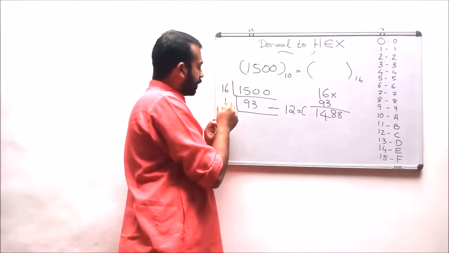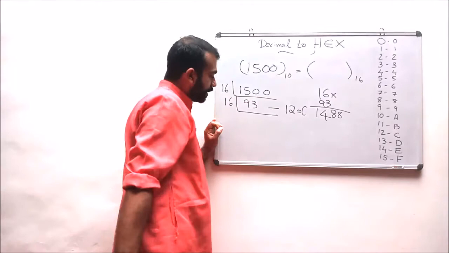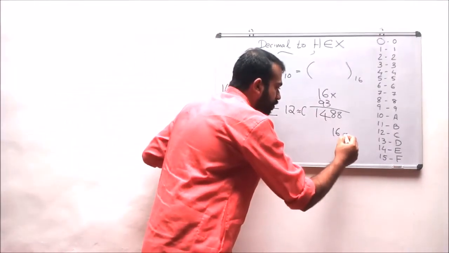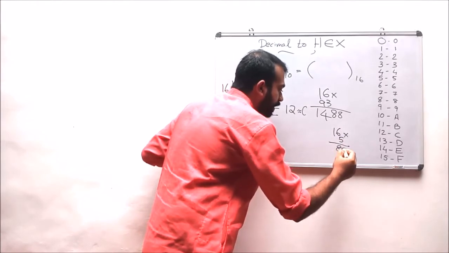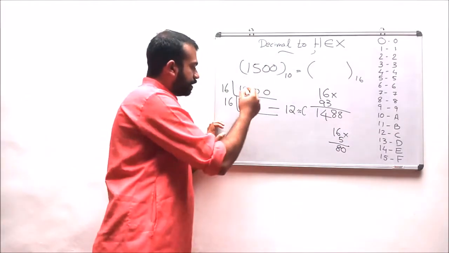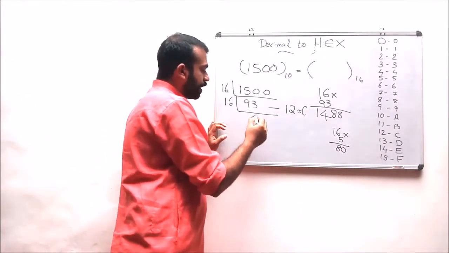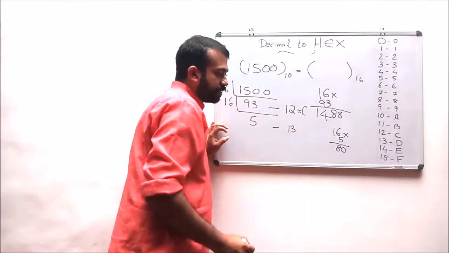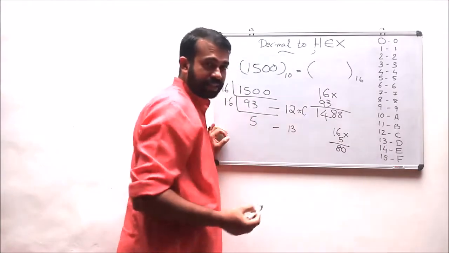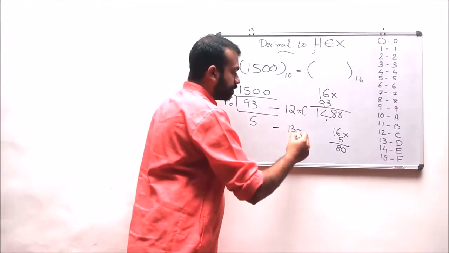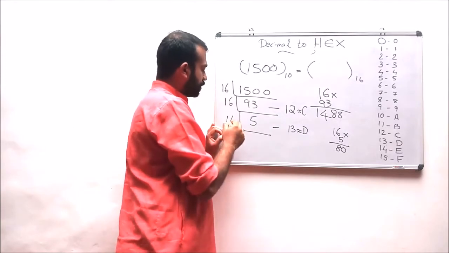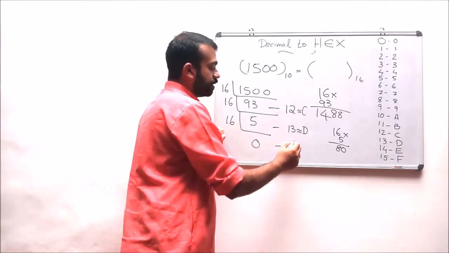Again, 93 is divided by 16. 16 into 5 results in 80, so the quotient is 5 and the remainder is 13. The hexadecimal representation of 13 is D. And when 5 is divided by 16, the quotient is 0 with the remainder 5.